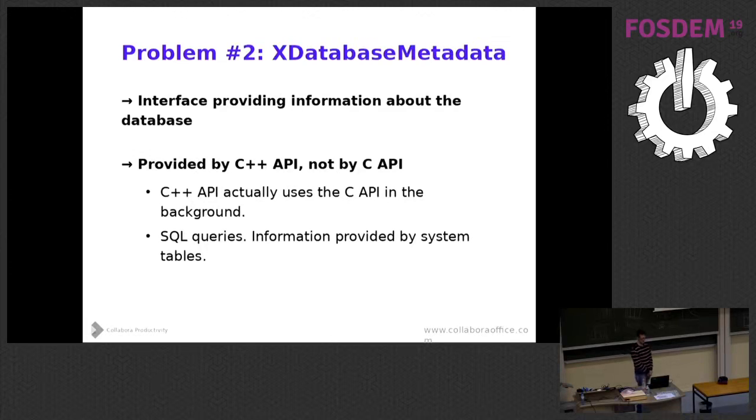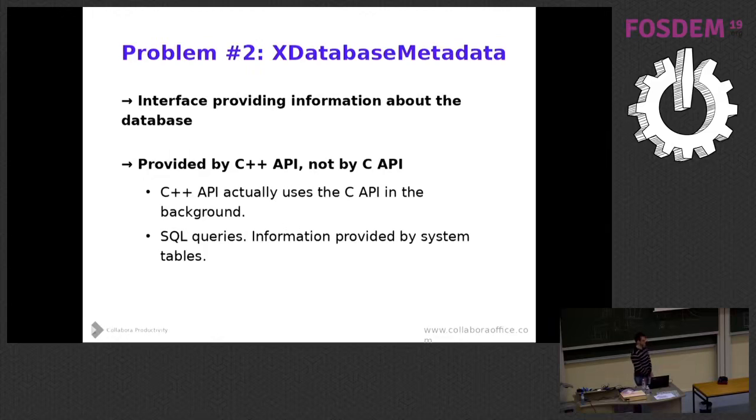Another challenge was the XDatabaseMetaData implementation, because the C++ API, which was used before, had provided methods which were really similar to the SDBC methods, so there was nothing to do.